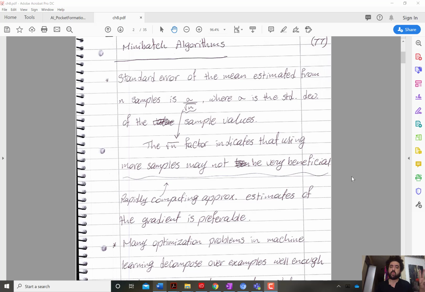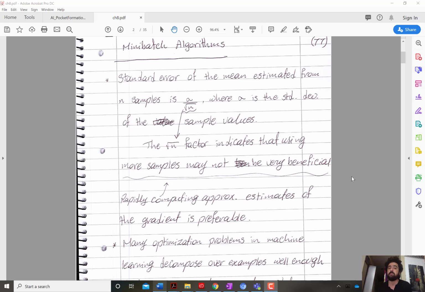So there are two key ideas behind the motivation of doing this mini batch approach instead of optimizing over the whole training set at once. The first one is the standard error, or the square root of the variance, of the mean estimated from n samples.